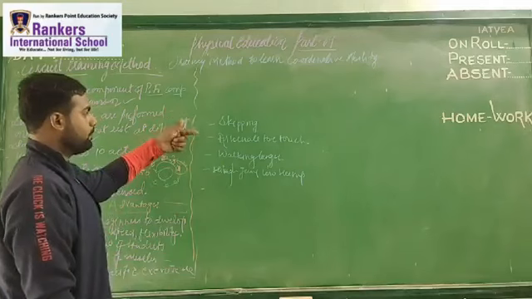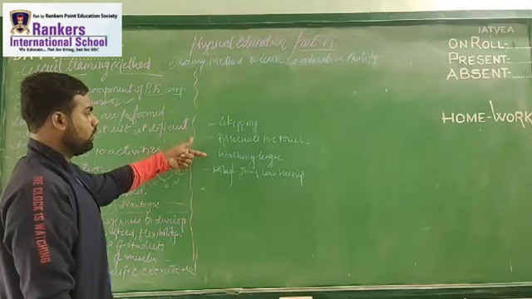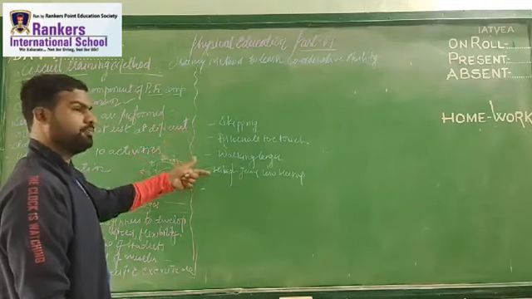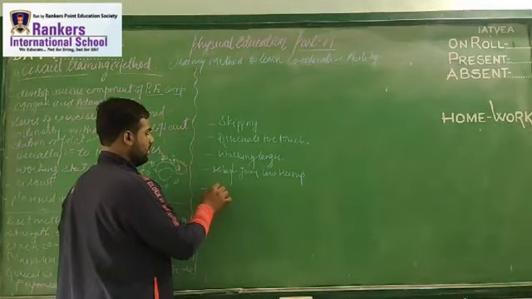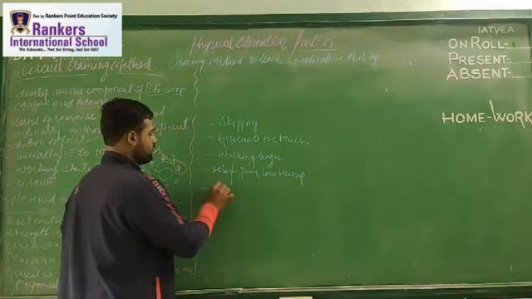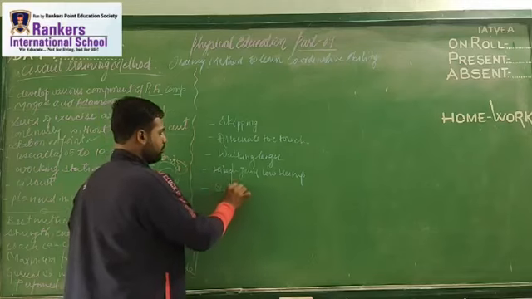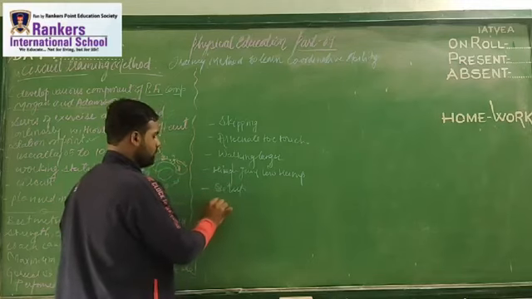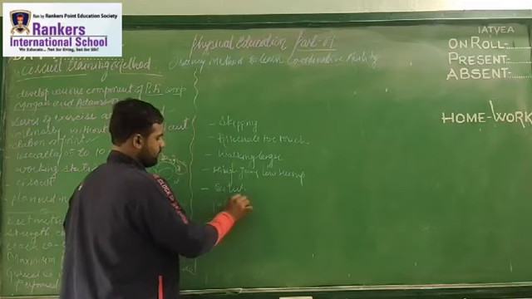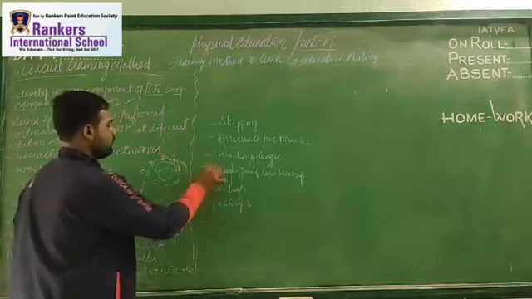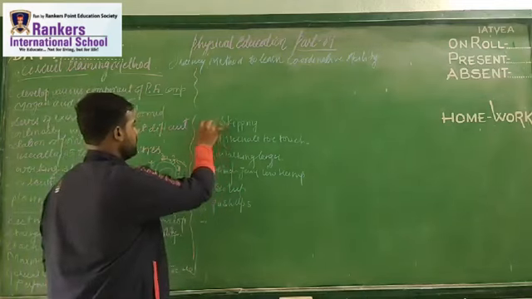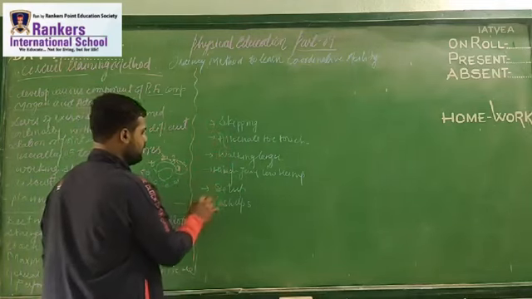So skipping, alternate toe touch, walking lunges, high jump, low jump. Next is crunches, that is sit-ups, push-ups. After push-ups, what will you do? Okay, so it's 1, 2, 3, 4, 5, 6.